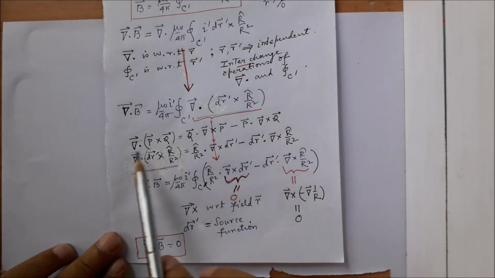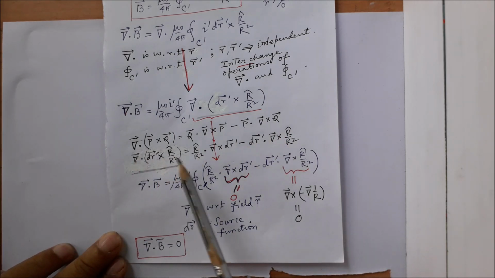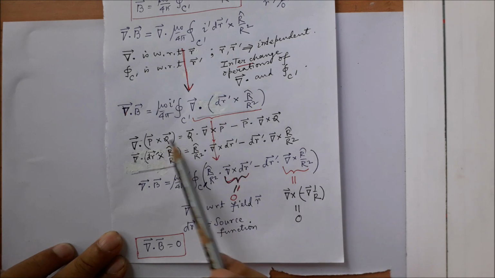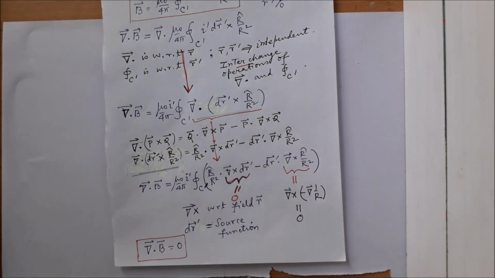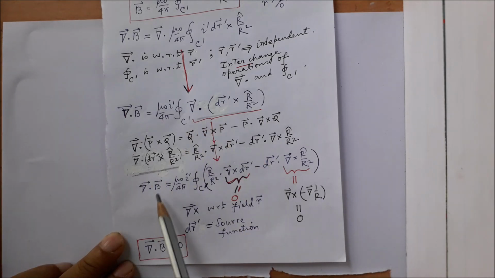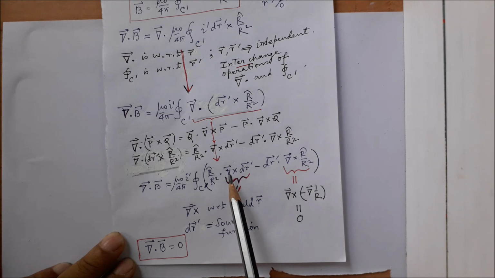Now we'll use this vector identity and we can identify P with vector dr prime and Q with r cap by r square. And if we put this expression in the integration, we end up with divergence B consisting of two terms on the right hand side. Now each of the terms is 0 because here we have curl of vector dr prime, and dr prime is obviously a source function while curl operates on field, so it is 0.